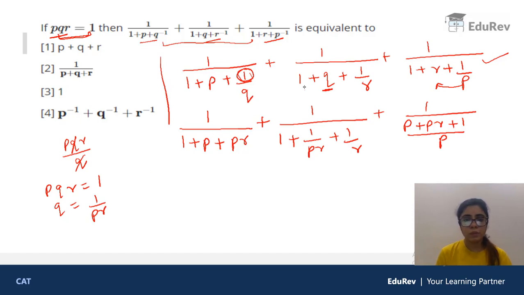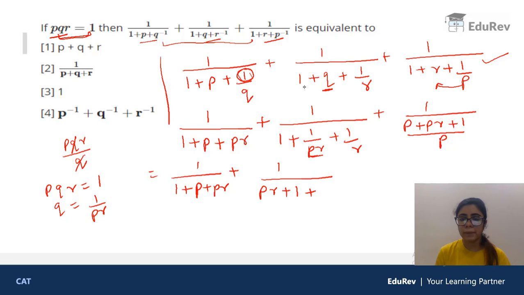Okay? Now what will happen is this will become 1 upon 1 plus P plus PR plus this expression, here the LCM is PR. So I'll multiply throughout by PR. So the denominator will be PR plus 1 plus this will be P upon PR plus in this case, the P will go above. So you will have P upon 1 plus P plus PR.